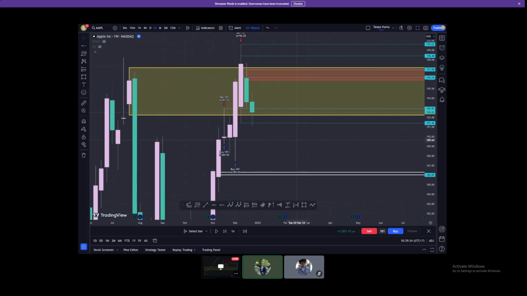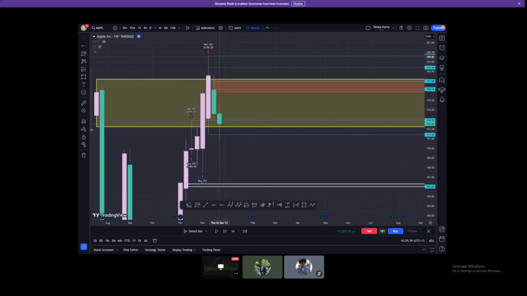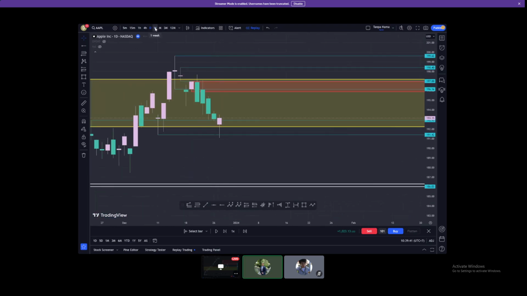So we have the inside weekly candle now in Apple. You should mark the inside weekly candle.